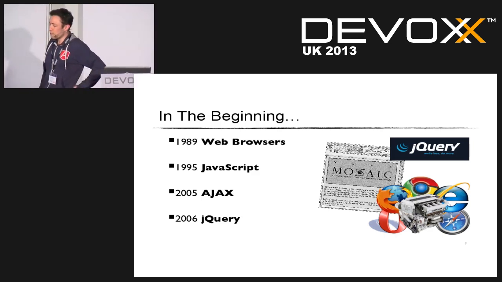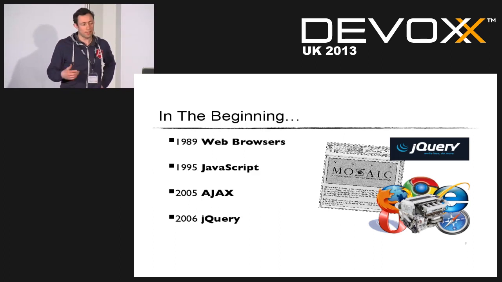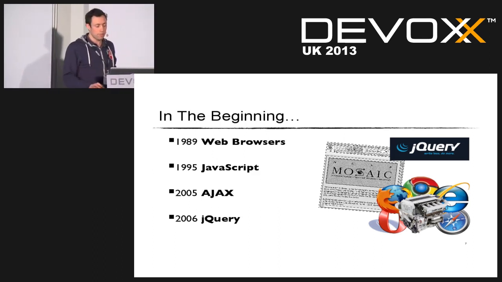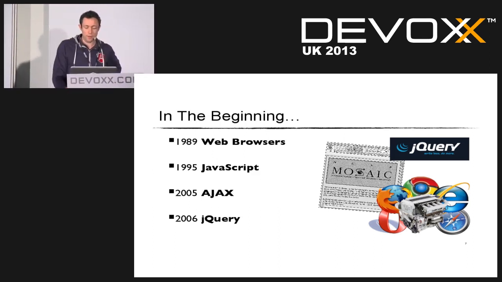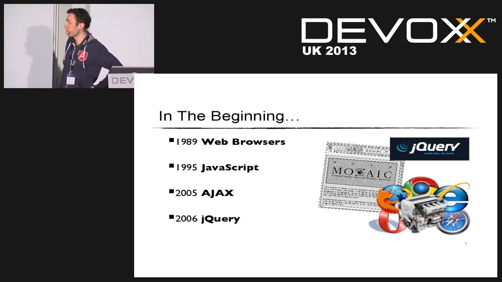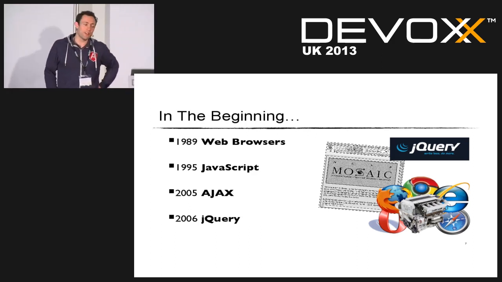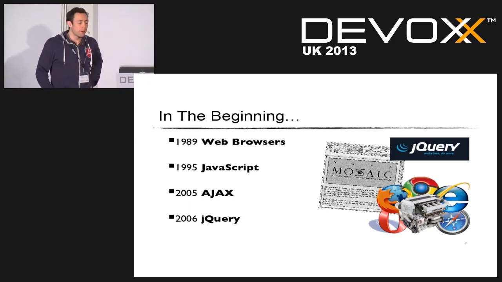Some people tried to squeeze a little Java applets into there to make it more funky, but it never really took off. But then in 1995, someone created a thing called LiveScript, which was very quickly renamed to JavaScript, probably poorly.